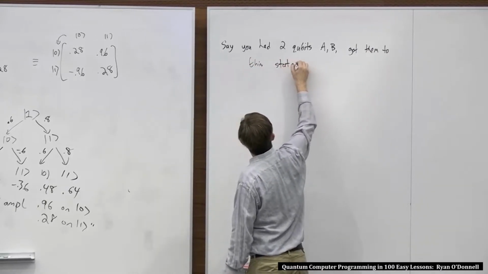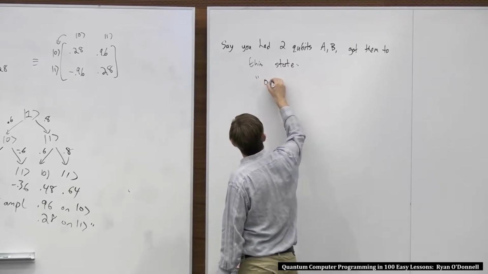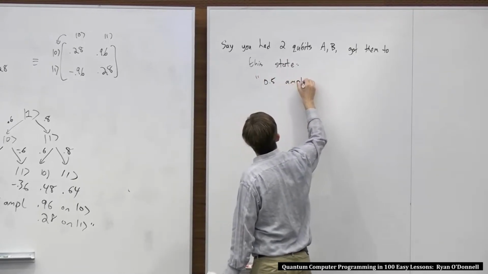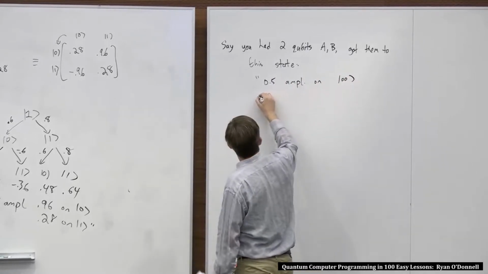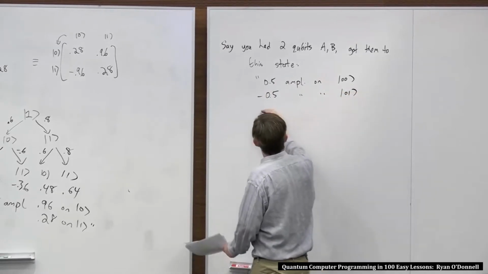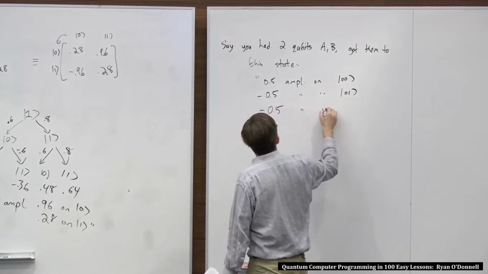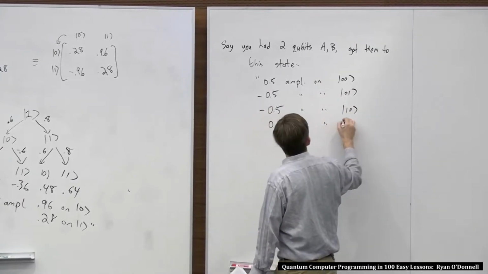Somehow you read some code, and you ended up with 0.5 amplitude on 0, 0. Minus 0.5 amplitude on 0, 1. Minus 0.5 amplitude on 1, 0. And positive 0.5 amplitude on 1, 1.